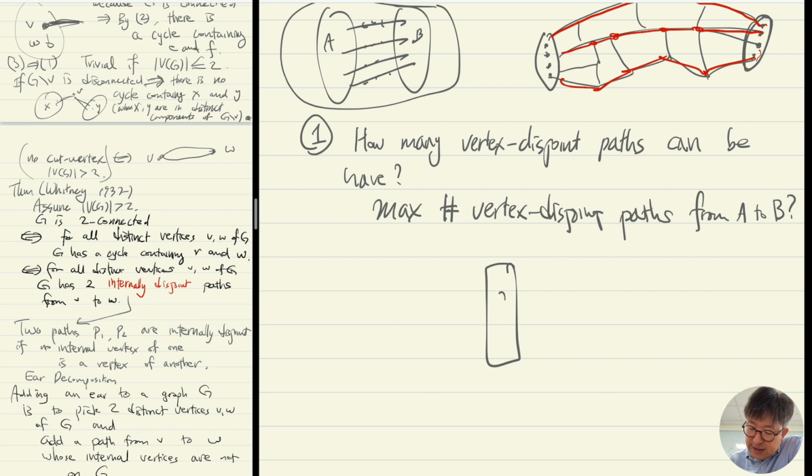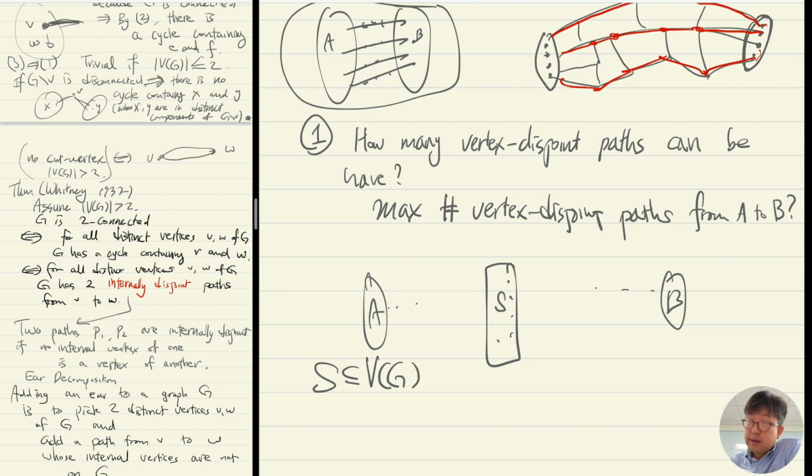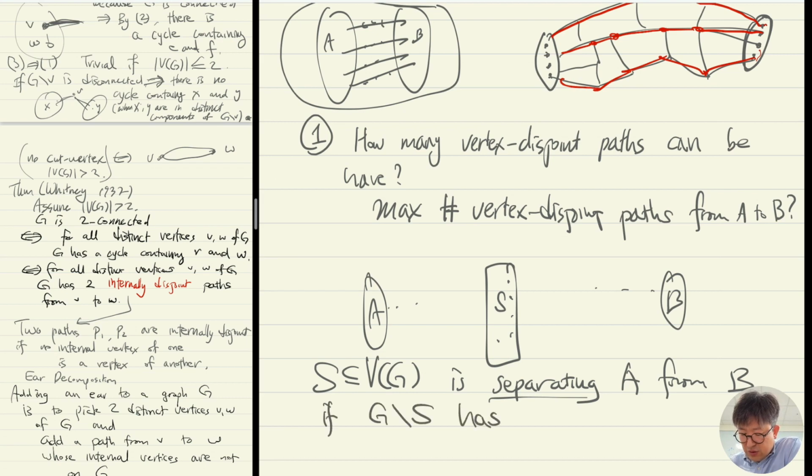If I find a set S of vertices separating A from B, what I mean is, if I delete S, I no longer have any paths from A to B. So we say a set S is separating A from B if G delete S has no paths from A to B. Okay.